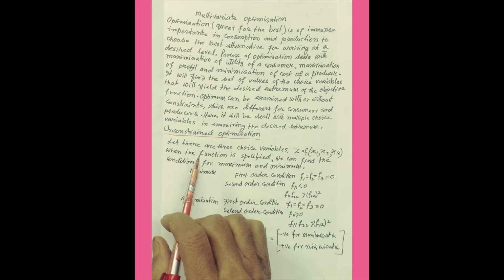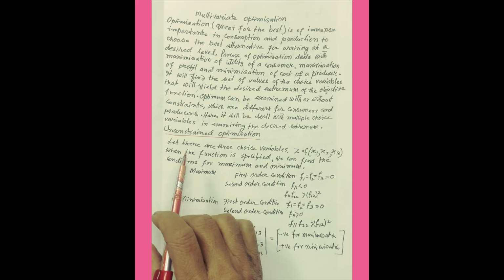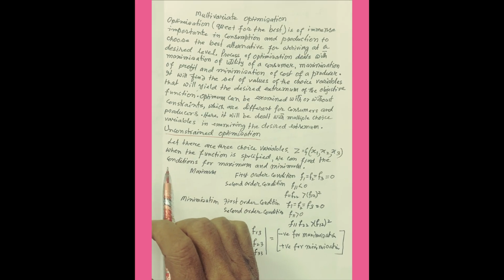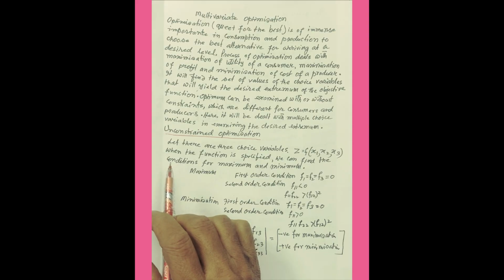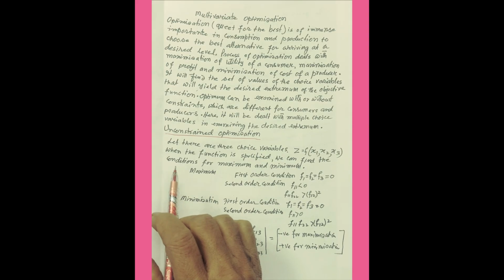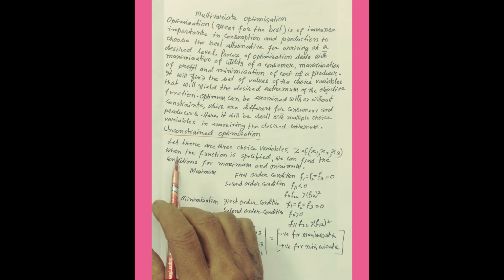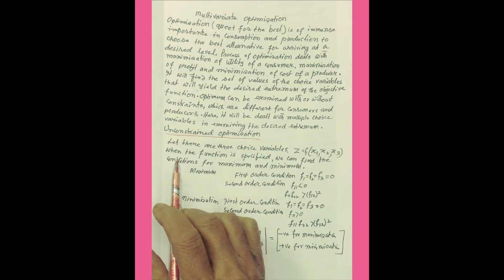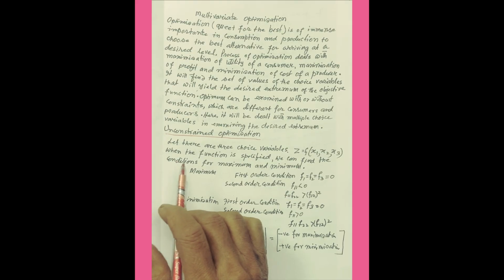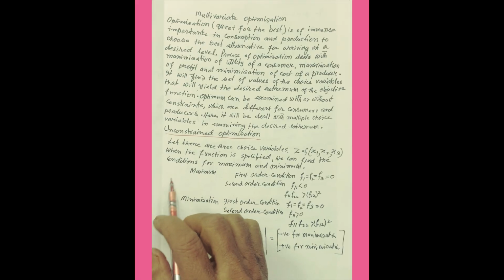Now here we will deal with multiple choice variables in examining the desired extremum. So instead of considering a single choice variable, we will consider multiple choice variables. Suppose y is a function of x1, x2, and so on up to xn. Earlier, in several examples, we considered y as a function of x only.